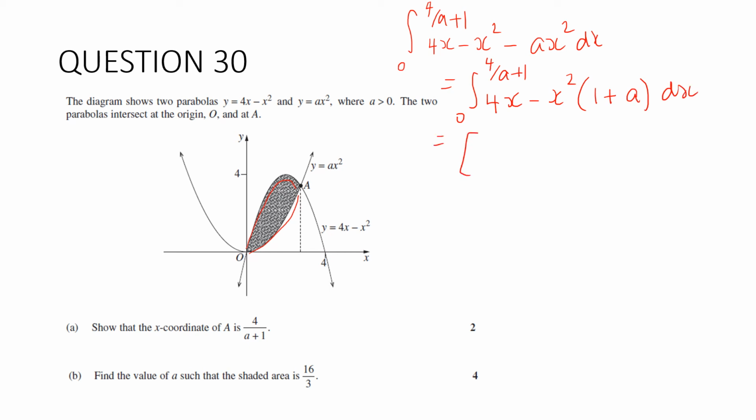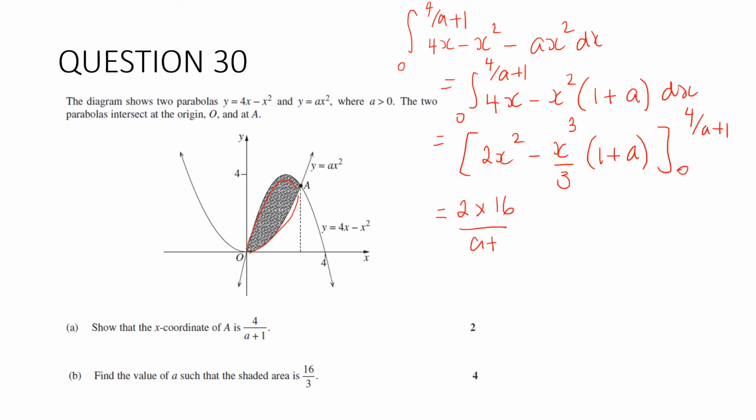Integral of 4x is 4x squared on 2, which is 2x squared. Integral of x squared is x cubed on 3, and this is just a constant. Between 0 and 4 on a plus 1. Substituting in the 4 on a plus 1. So 2 times 4 squared is 16 on a plus 1 all squared.